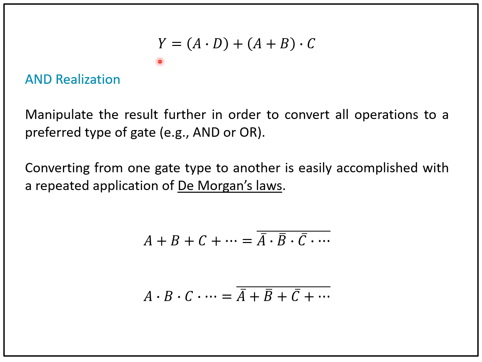Looking at the simplified Boolean expression, we can see that it contains an AND, an OR, an AND. So we have two AND logics and two OR logics.